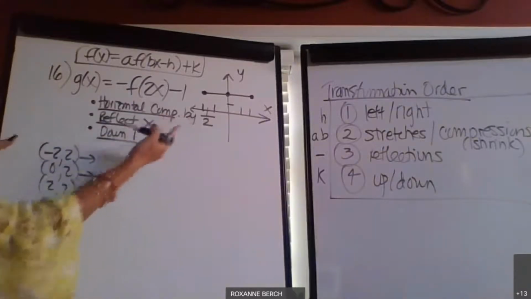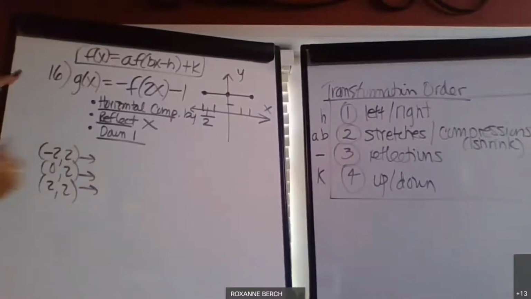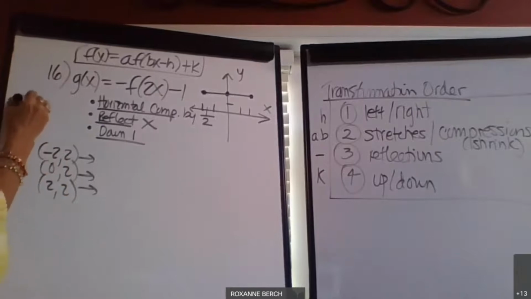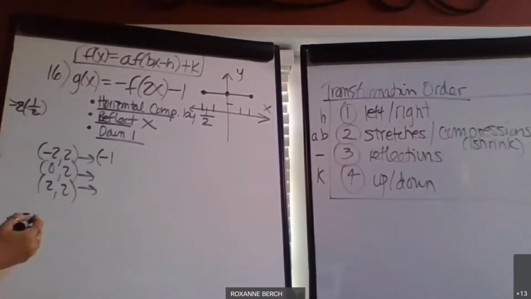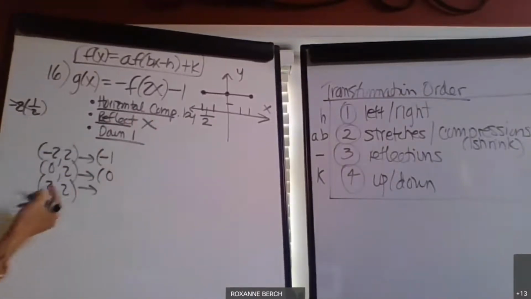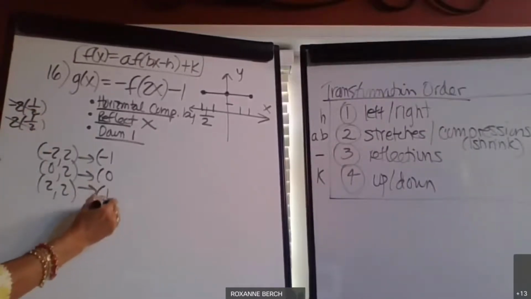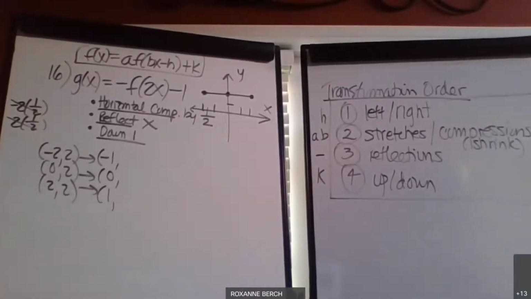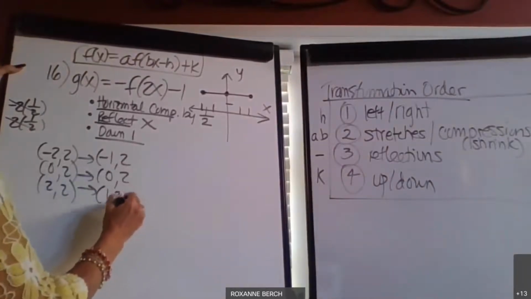Okay, so horizontal compression, horizontal means X. So what you're going to have to do, off to the side of your paper, is multiply -2 times a half, which is negative 1, 0 times a half is 0, and 2 times a half is 1. Do some work off to the side. So these are all 2, 2, 2.